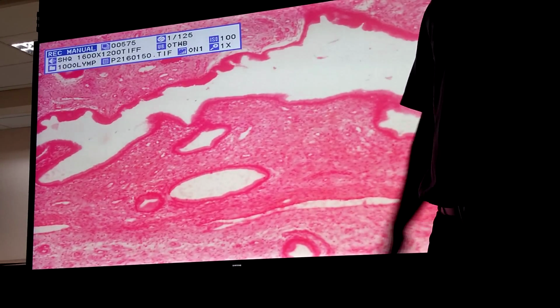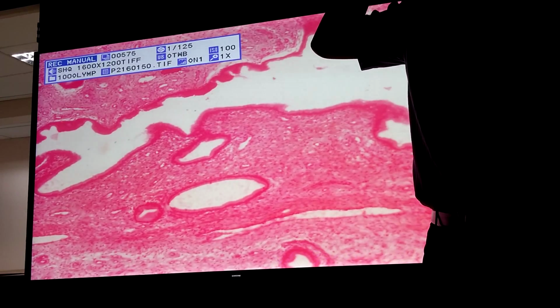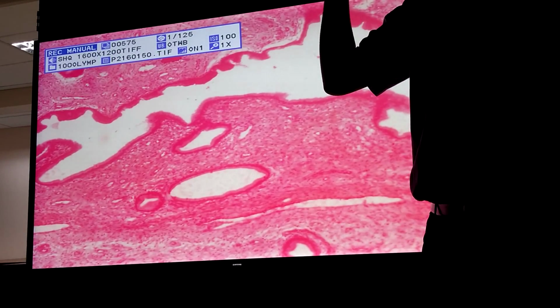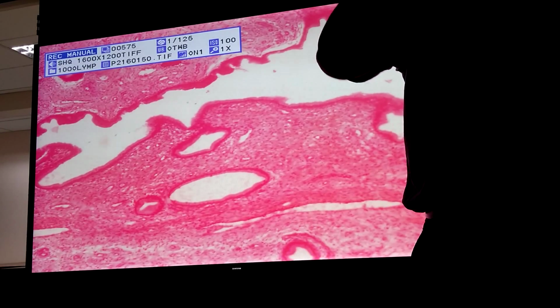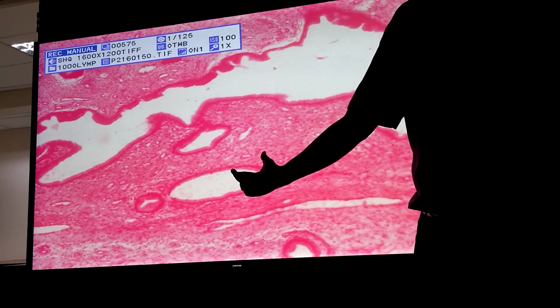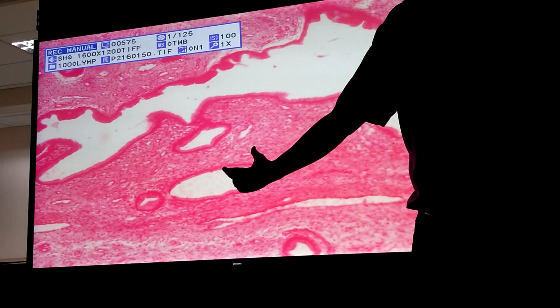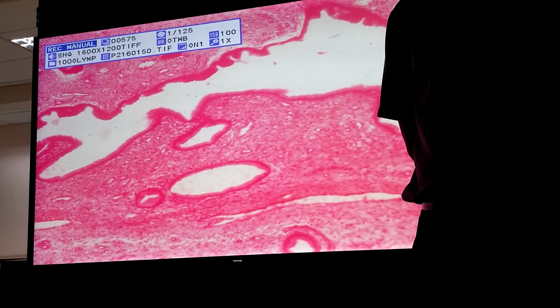Mucus-secreting glands. Now, for the females, if you are observant with your menstrual cycle, during the 13th, 14th, and 15th day of the menstrual cycle, the characteristic of the fluid secreted or released by this gland is more thin.